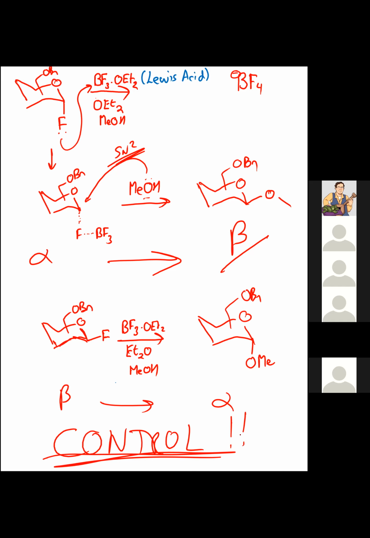Notice we don't have any anchimeric assistance. So we have this controlled SN2 reaction here. And again, the nice thing about these fluorides is, unlike the bromides, they're stable. You can have the joy of doing column chromatography on them. You can do other chemistry on the molecule within reason, and they'll survive it. So you have this option.